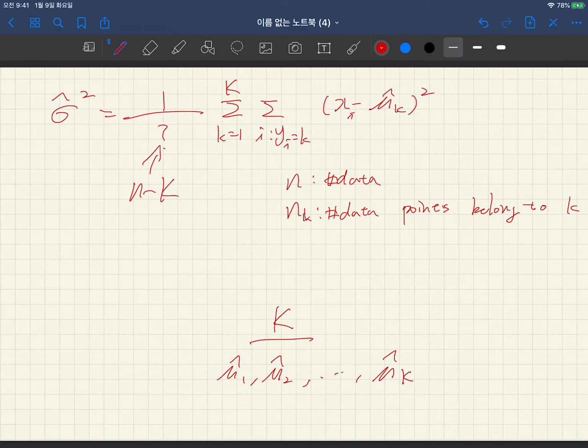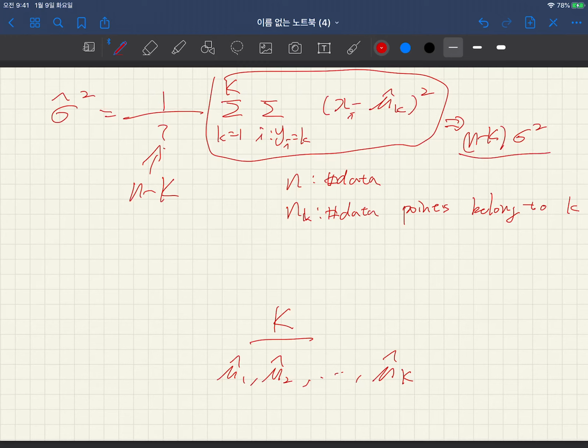When you take the expectation of this value, the expectation will be n minus capital K times sigma square. You can easily check this. So in that case, you have to use n minus capital K to estimate sigma hat square, right?